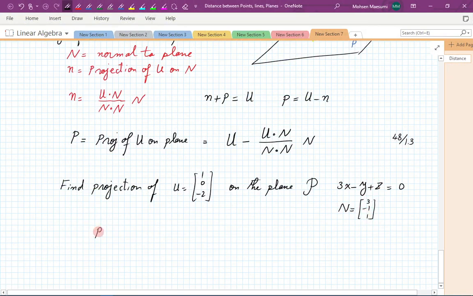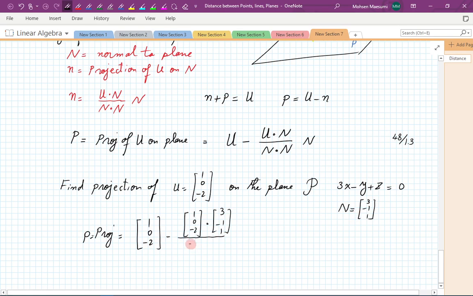So the projection, which we called P here, is equal to the original vector that you have, (1, 0, -2), minus, now take a dot of these two, (1, 0, -2) dotted with (3, -1, 1).